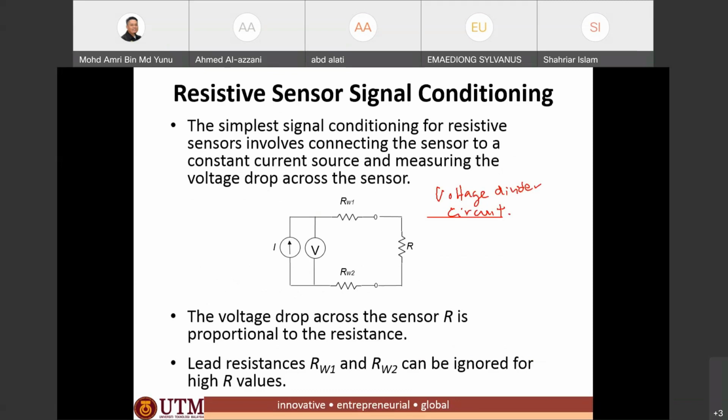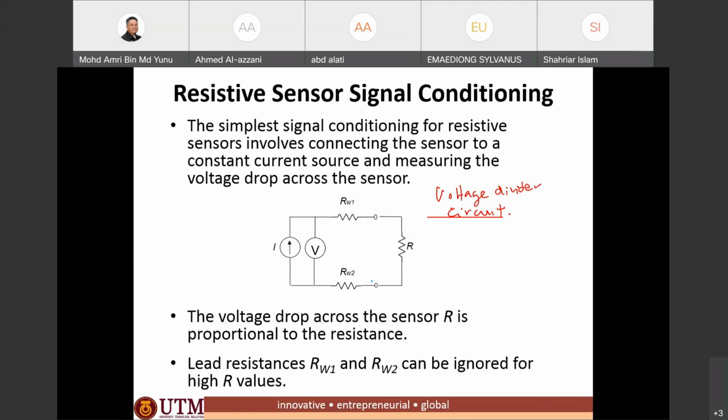The simplest method we can use is the voltage divider circuit, using a network of fixed resistors. Let's say we have a sensor whose resistance will change with a physical parameter change, like heat or thermal energy or light, etc.